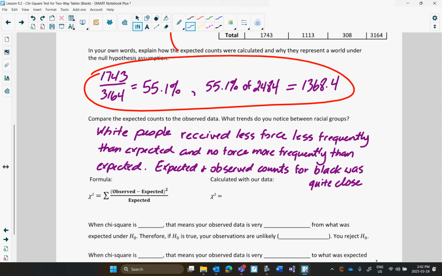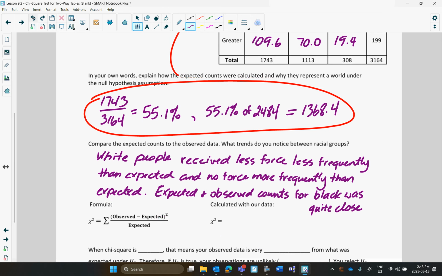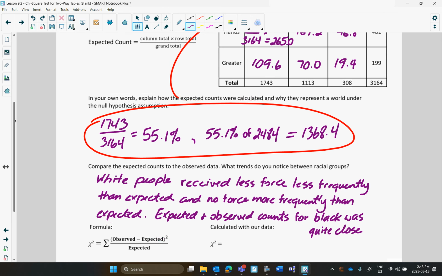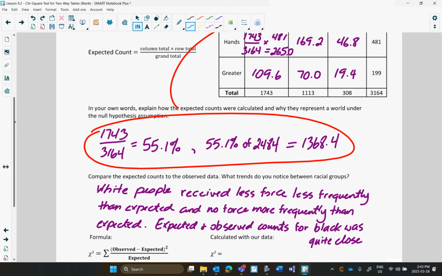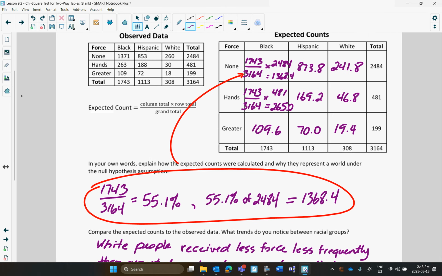Well, in order to be more statistically sure of this, this is where we have to calculate the chi-square. And doing it the long way is really long. Because what you would have to do is for each of the 9 cells, take the observed minus the expected, square it, divided by the expected.